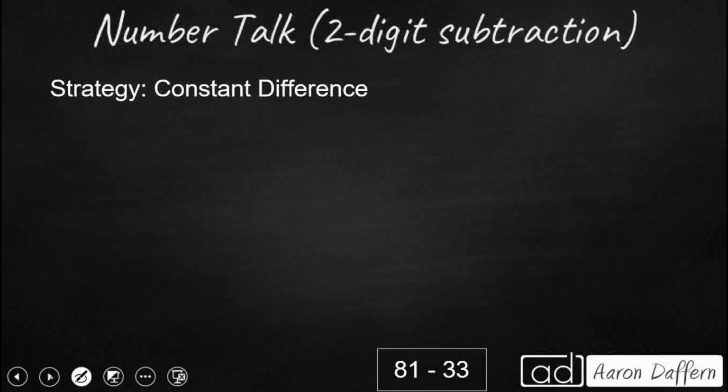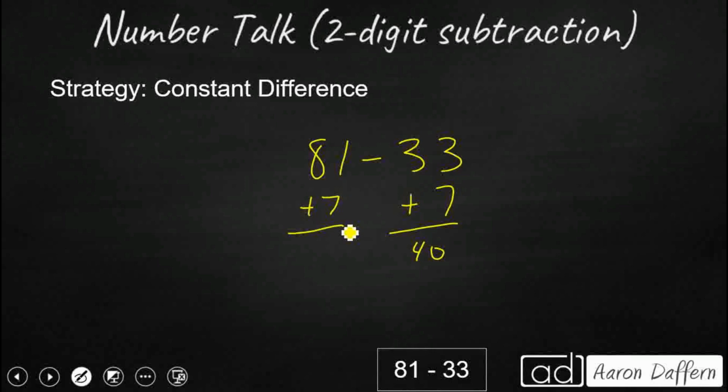Now, we can use constant difference, and it's like our compensation, but it's slightly different because we're going to add 7 just like we did to get to that next 10, but instead of subtracting and then adding that 7 back in, let's go ahead and add the 7 to our minuend. So we're going to keep a balanced expression because it's a plus 7 plus 7.